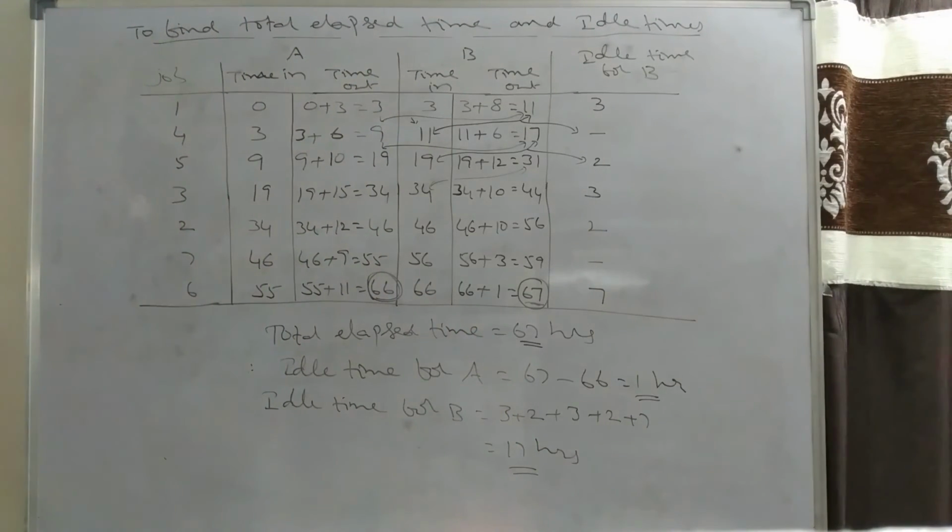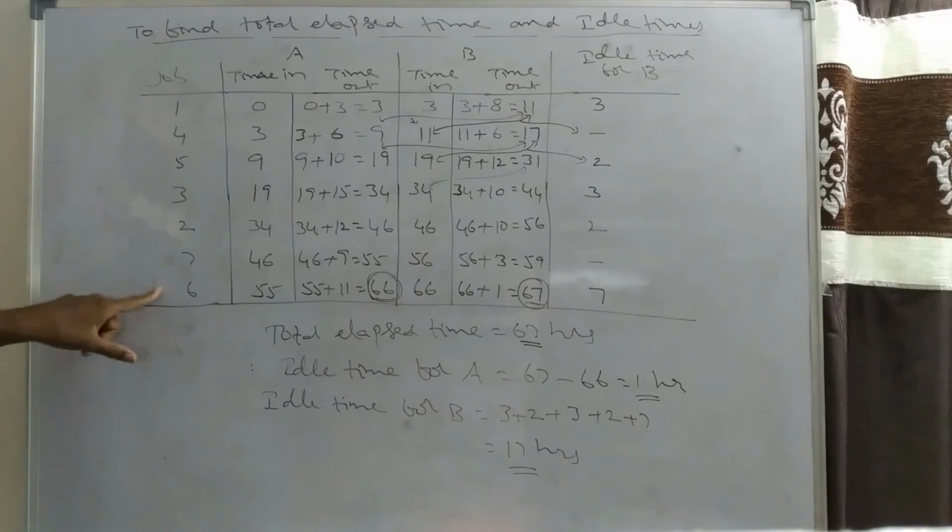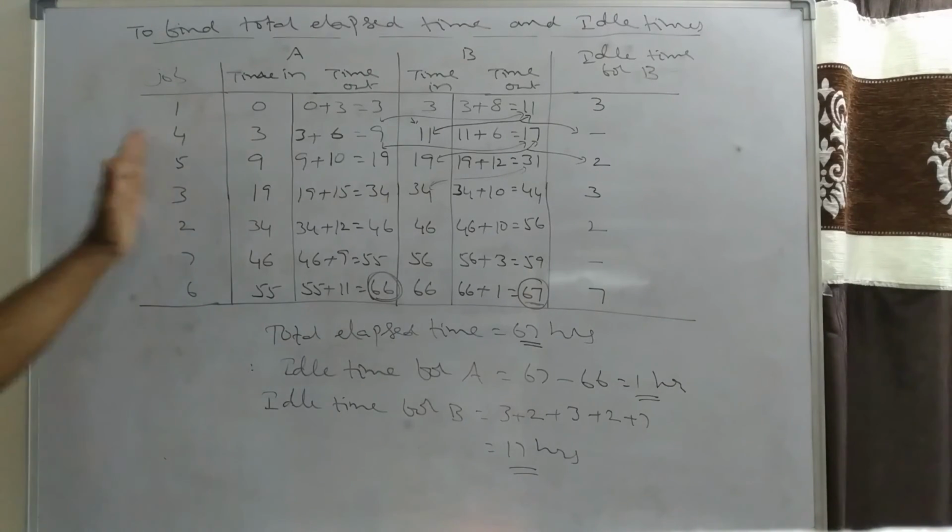So we have two optimal sequences here. I have calculated total elapsed time and idle times for A and B using this optimal sequence. Try yourself to find total elapsed time and idle times for machines A and B by taking the other optimal sequence.